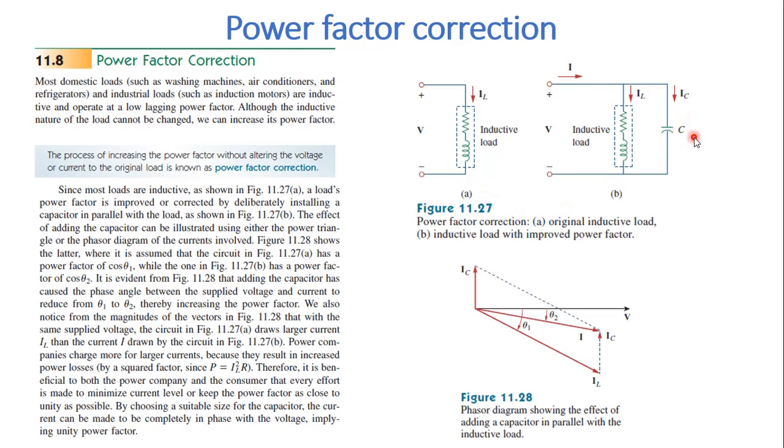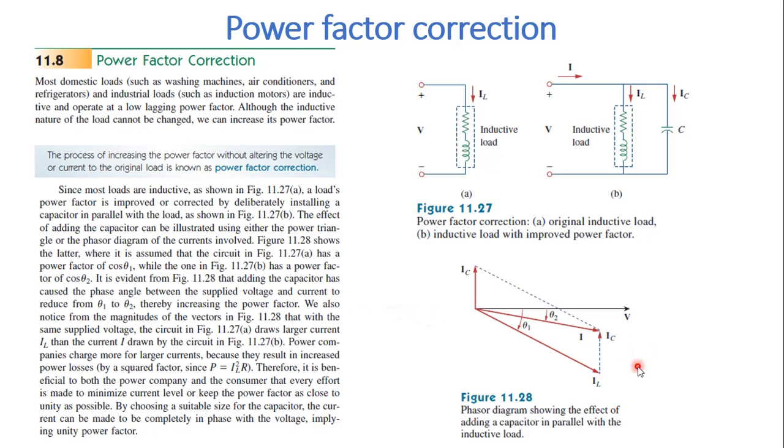After adding a capacitor, the phasor IL moves closer towards V. This is the current I, the total current in the second circuit. I lags V by an angle of theta 2. Again this is lagging, and the second circuit has a power factor of cos theta 2.